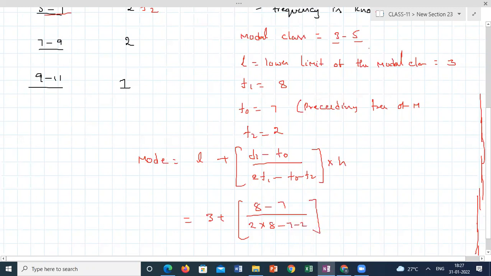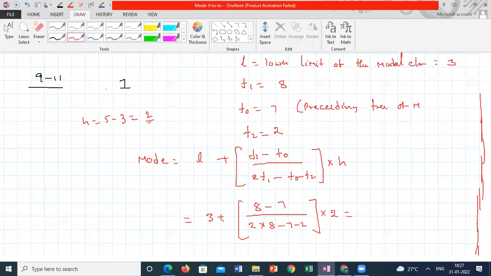And H is how much? H is the difference between the upper limit and the lower limit. 5 minus 3 is equal to 2. This is common for all the classes. So into 2. Calculate and let me know what the answer is.